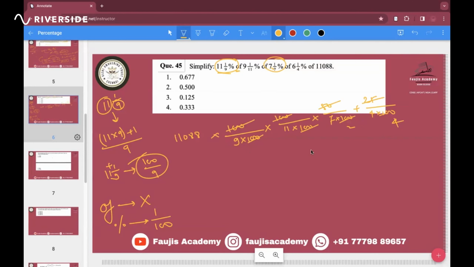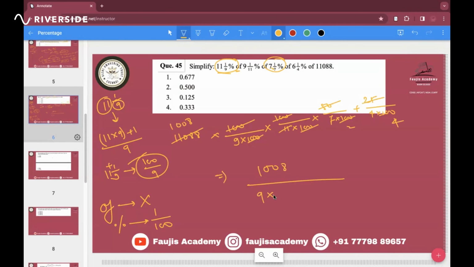Now let's check this one also. So 11, 1008. Have I done it correctly? Is this the correct number? So that means 1008. Is there anything else in the numerator, guys? Nothing. Into 9.